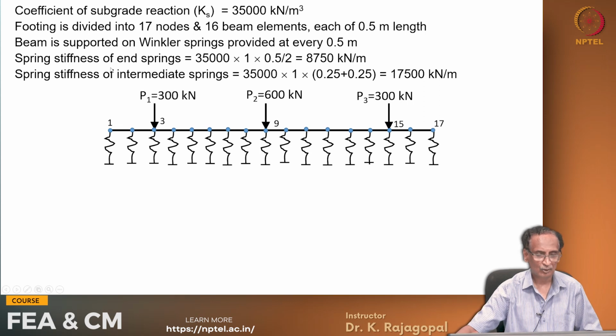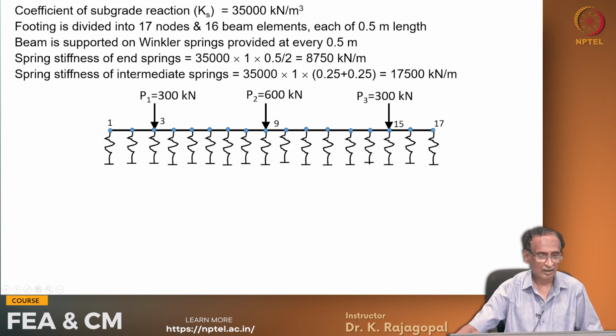See, the two springs at the edge of the footing will have a stiffness of 8750. The contributing area for the two end springs is only half length of element 1, and element 1 is of length 0.5 and half length is 0.25.